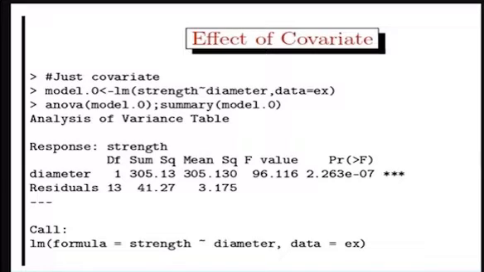No relationship should exist between the treatment and the covariate. In my example here, there shouldn't be any relationship between the study techniques and the current grade.